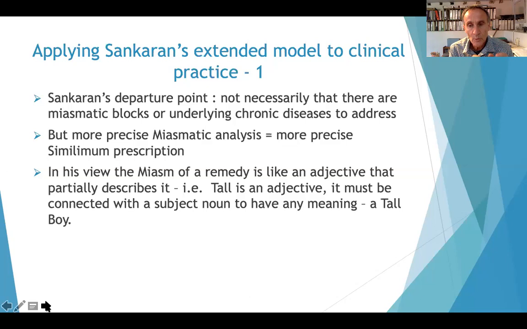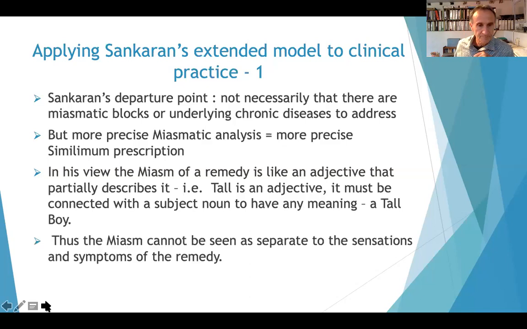We say the ringworm miasm with a specific remedy or group of remedies will give us a specific nuance of how we might prescribe that remedy. So a miasm isn't seen as separate to the sensations or symptoms of the remedy. It's another way of describing it.